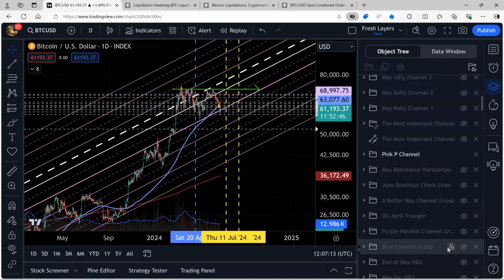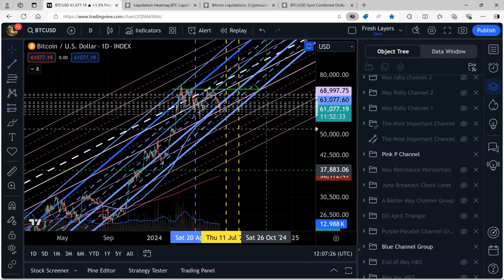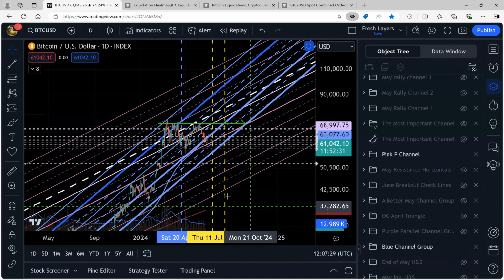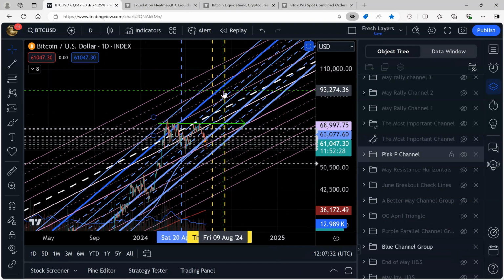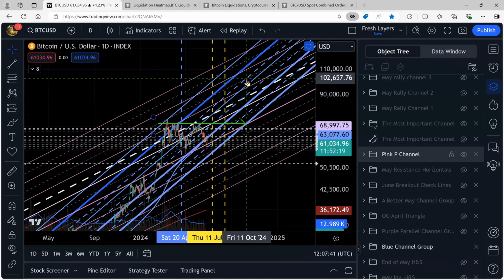Let's turn the blue channel on for a second. See, that's steeper, but it gets the same targets. Not really. Well, kind of.